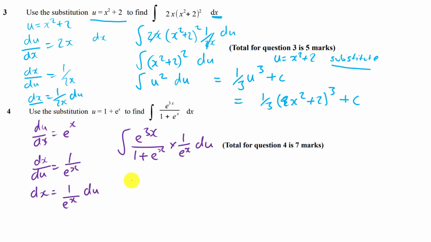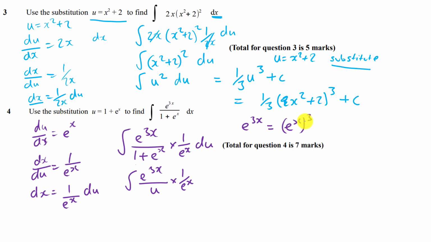So if we think about it, now this bit is u, right? So we're going to put this as u. So that's going to be e to the 3x over u, times 1 over e to the x. Now you need to see that e to the 3x could also mean e to the x cubed.